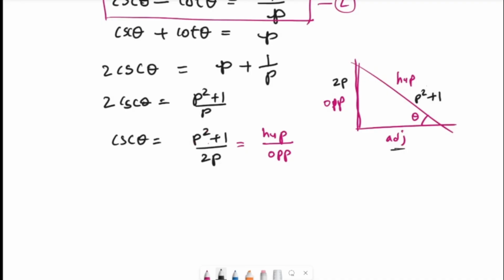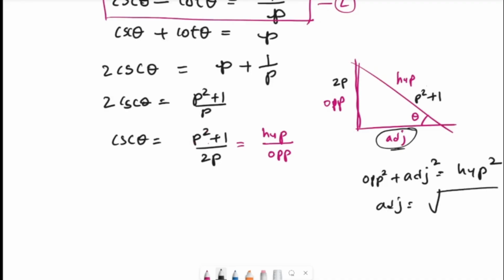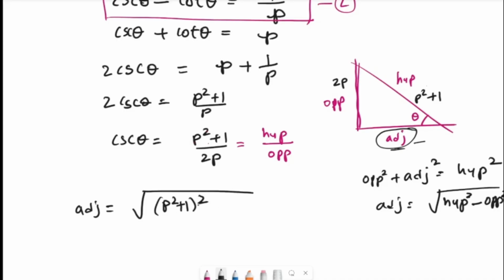Now using Pythagoras, find what is adjacent. Recall Pythagoras: opposite square plus adjacent square equal to hypotenuse square. So we want the adjacent value. Adjacent will be the square root of hypotenuse square minus opposite square. This is all basics. Adjacent would be the square root of (P square plus 1) whole square minus opposite square.